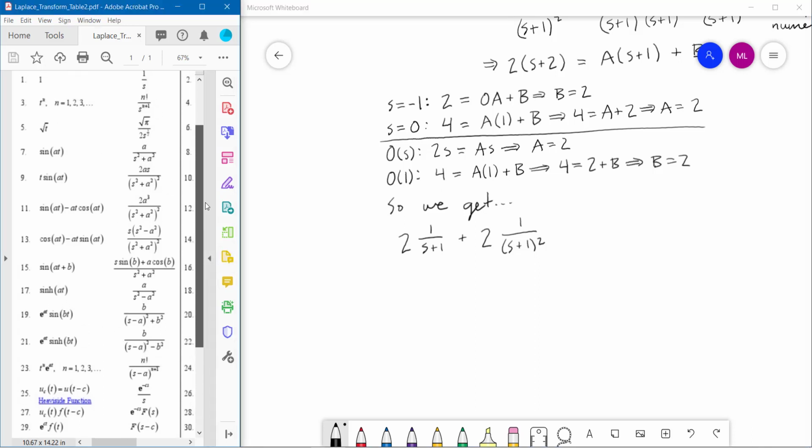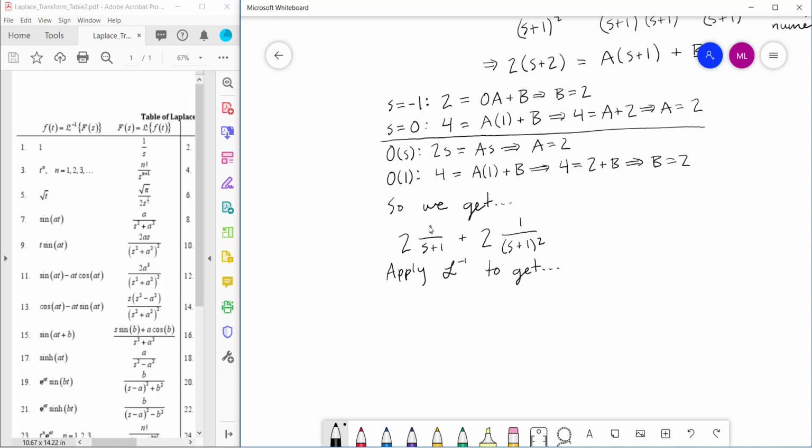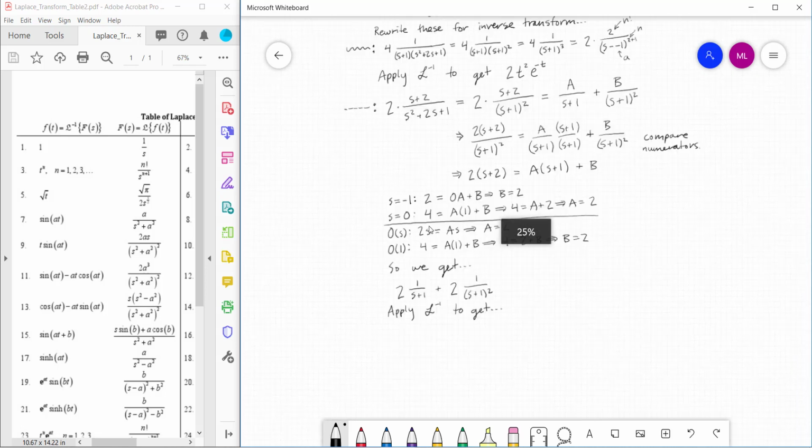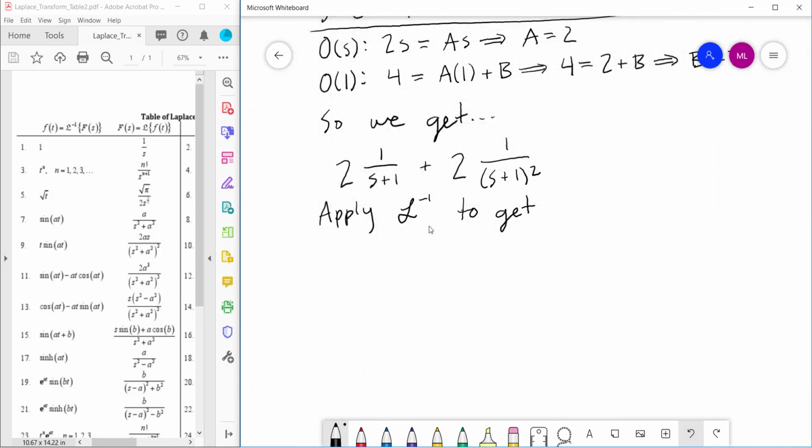So in this case, the first term, this is our exponential. So if we were to apply the inverse Laplace transform, I wrote it all in line up there, so I'll do the same thing here. So apply the inverse Laplace transform. That first term is going to be 2e to the negative t, right?